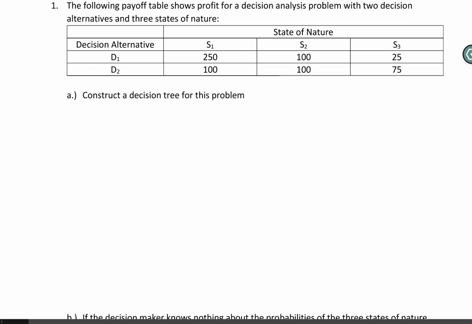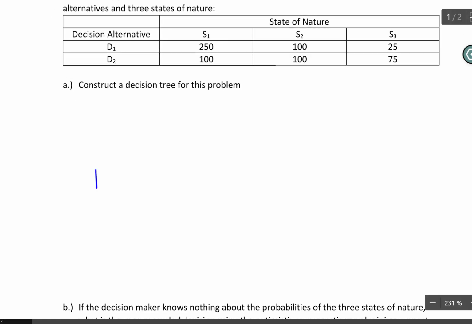So we can start out drawing one square, and off of that square, or that decision node, we have 2 decision alternatives. We have D1 and D2. Then, for each of those decision alternatives, they have the option of any of the 3 states of nature.